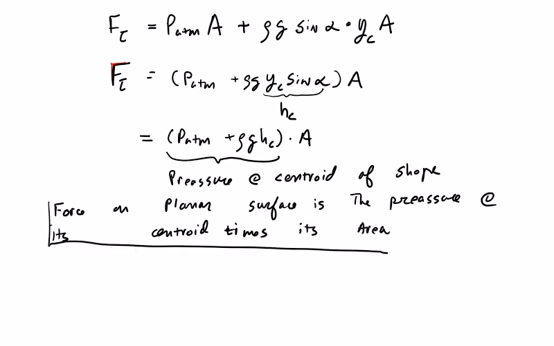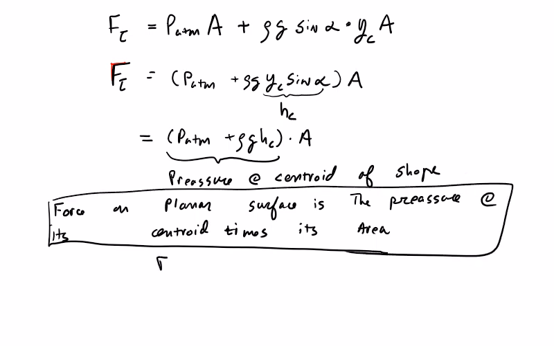Or simply, the force is equal to the pressure at the centroid times the area. Now remember, this pressure at the centroid we currently say is PATM plus rho g HC. But there's a little bit more we can do here, a little bit more we can think about.